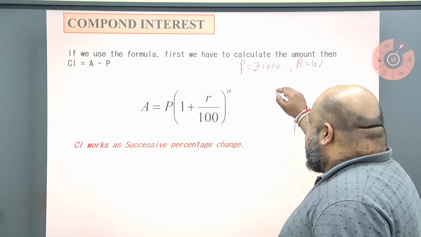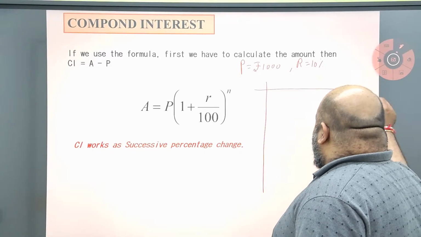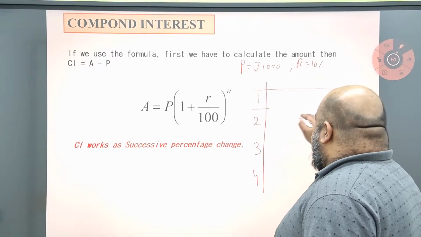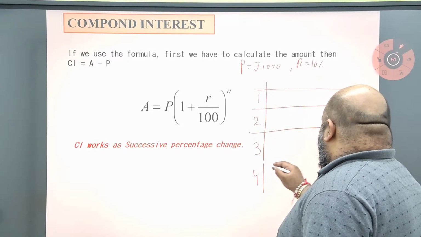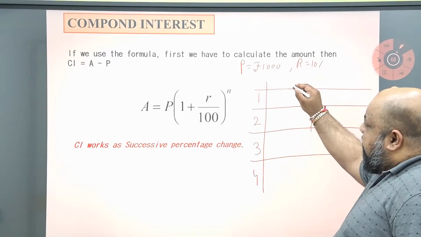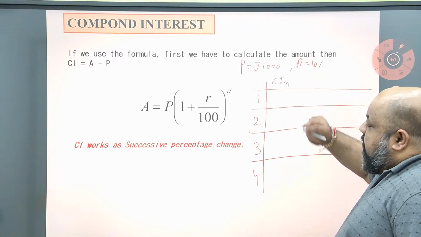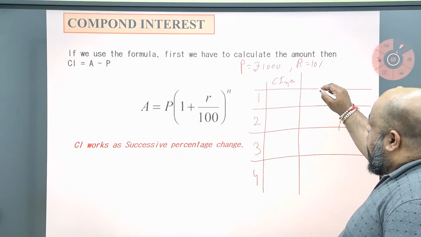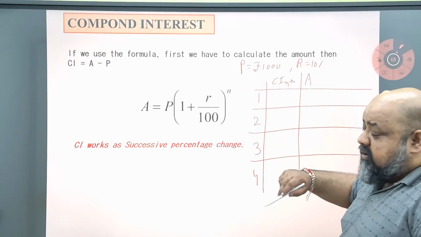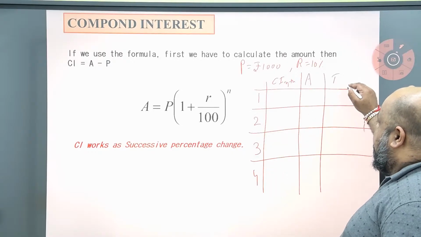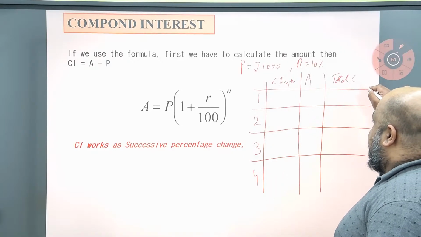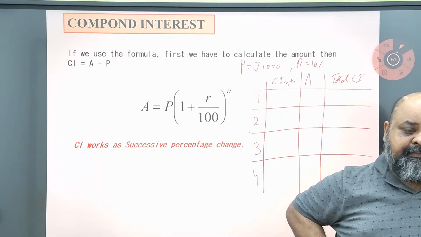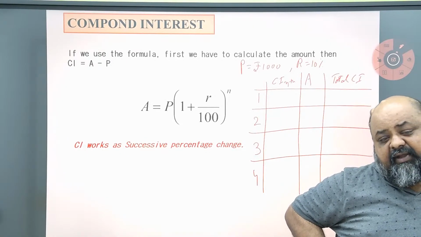What I want you to do is, for a period of 4 years, 1, 2, 3, 4, we will try to find out CI for that year, compound interest for the nth year, amount at the end of that year, and total CI till that year. Right? These are the three things that we're trying to find out.